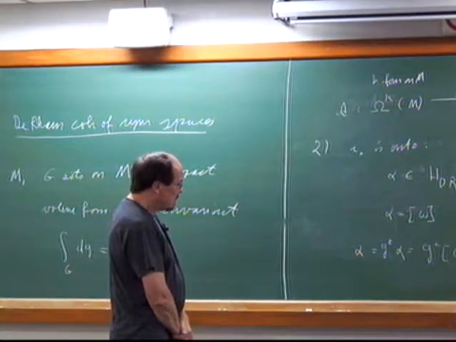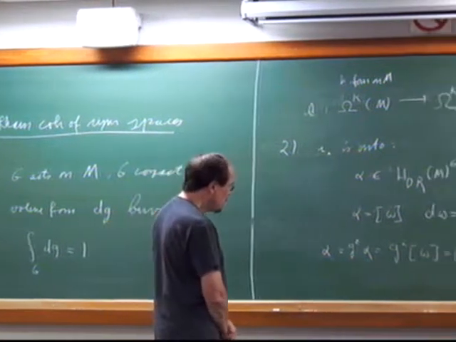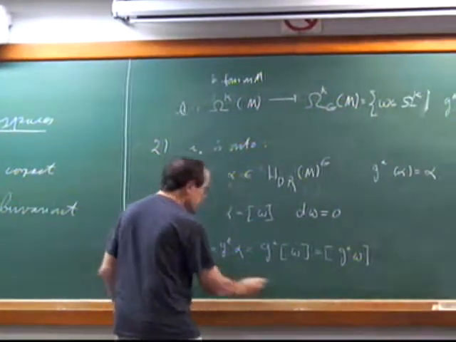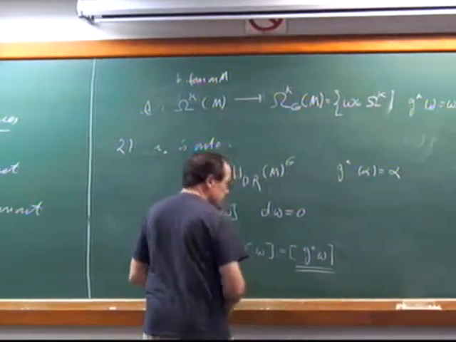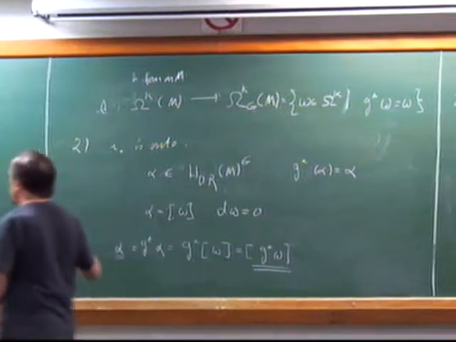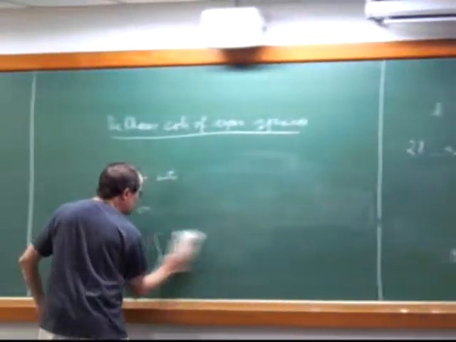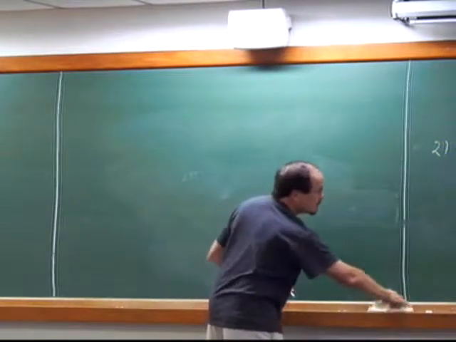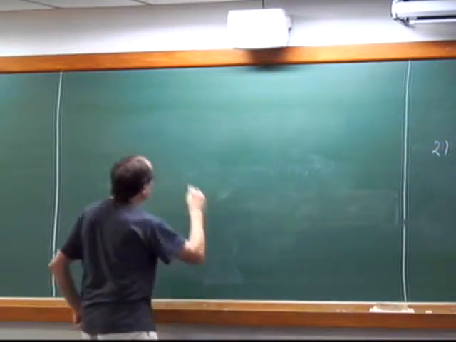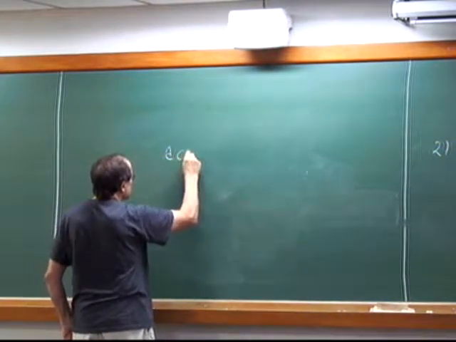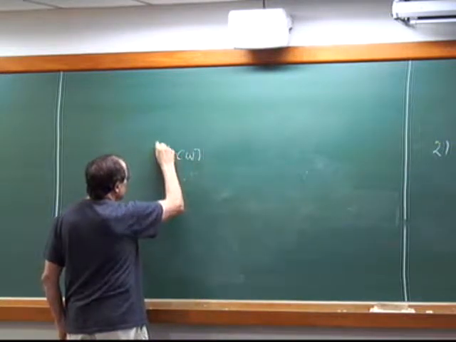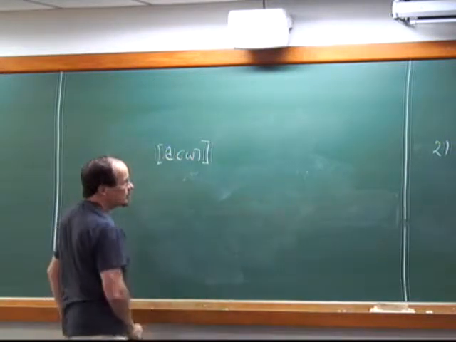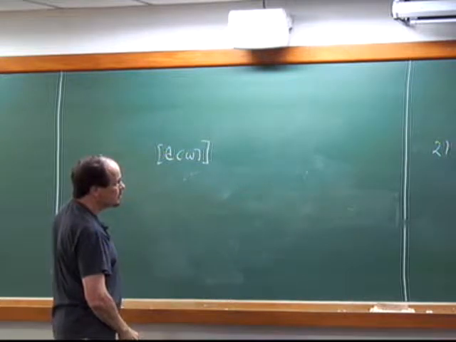And now I claim that because I get alpha for all g, the average of omega, which is again a closed form because omega was closed, average takes closed to closed.